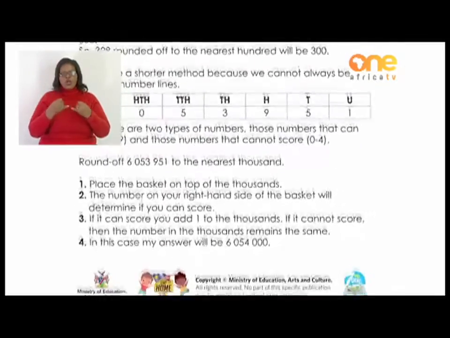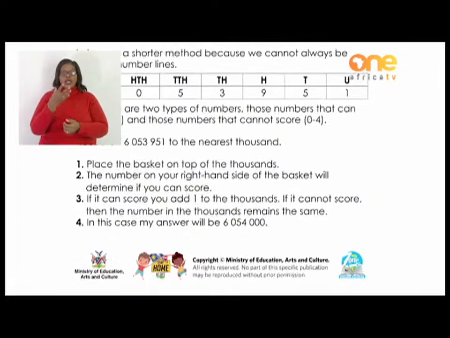So there is a chart or a diagram here which indicates the place values and the numbers. We need to make a little correction there at 100,000, 10,000, and 1,000.